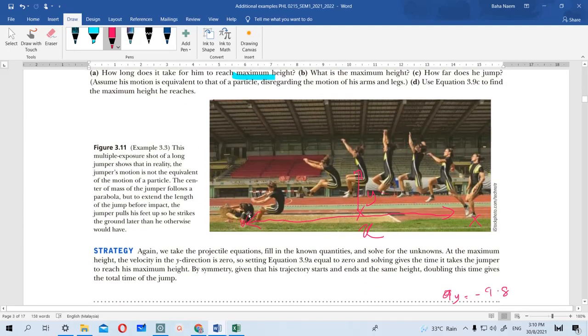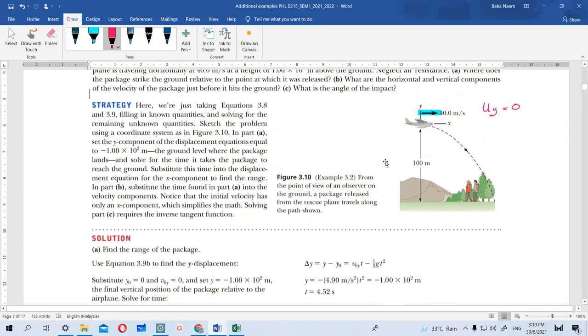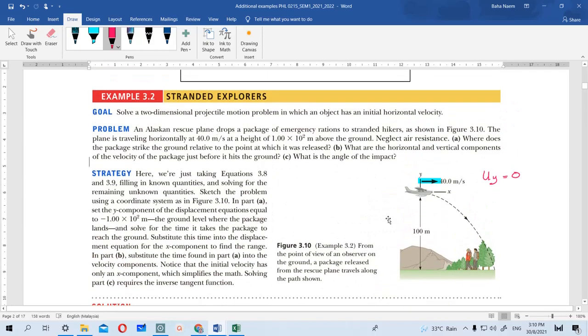Look again at this figure, familiar. At the highest position here, the instantaneous velocity is 0. So in the case of this figure, this plane is supposed to drop a package to stranded hikers. It's traveling horizontally as in the figure.